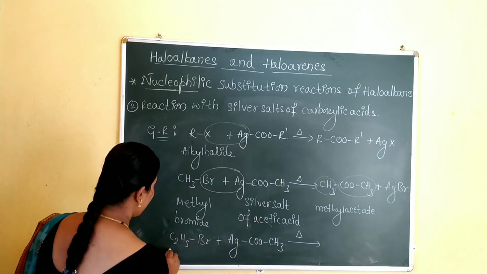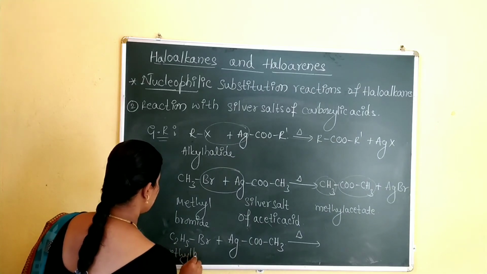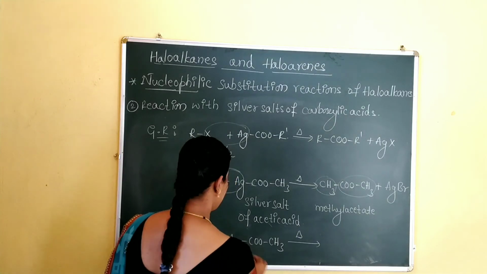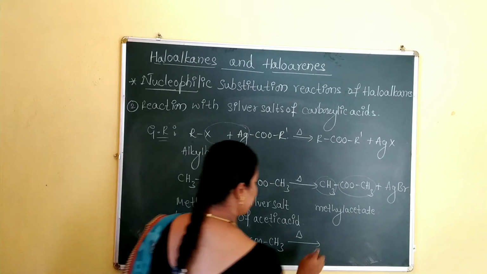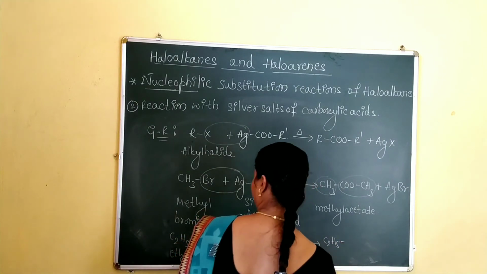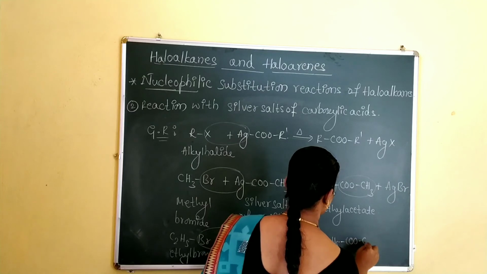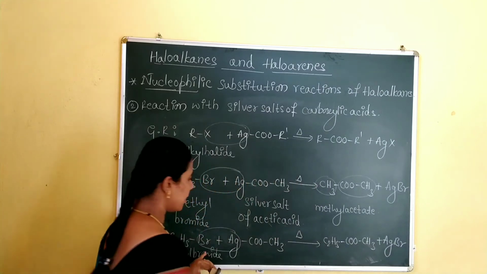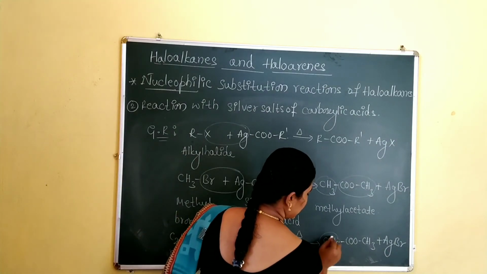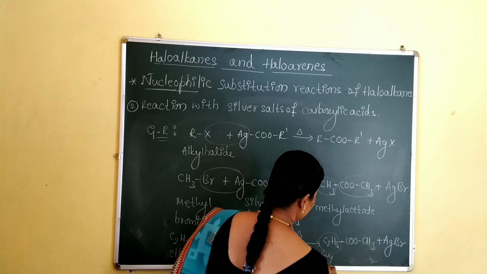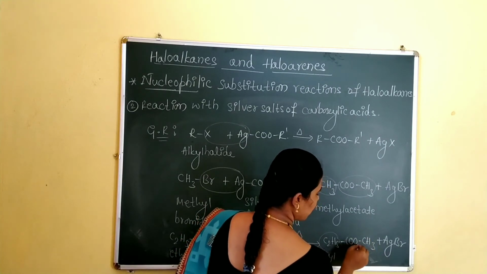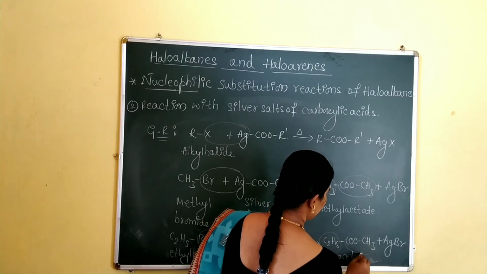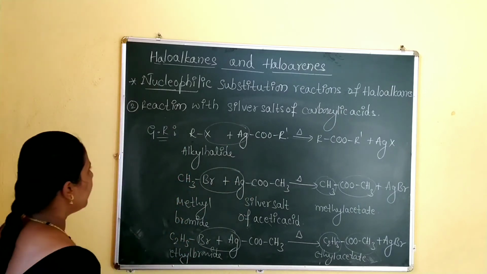When ethyl bromide is heated with silver salt of acetic acid, then C2H5COOCH3 plus AgBr. C2H5 group is known as ethyl, and CH3CO group is known as acetate group. Ethyl acetate.